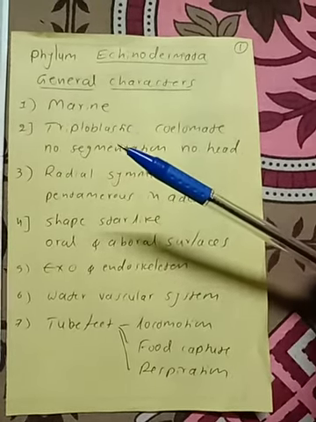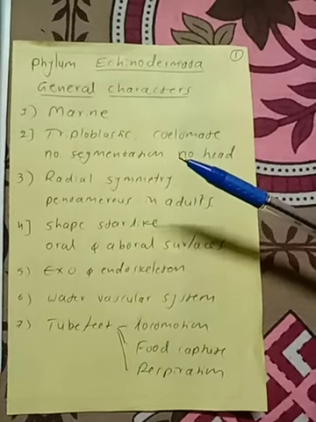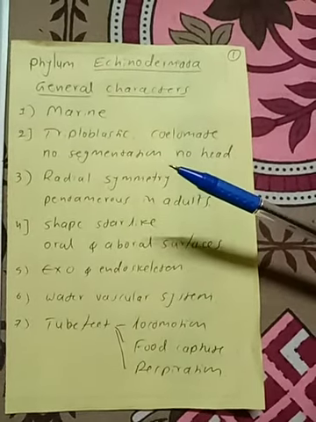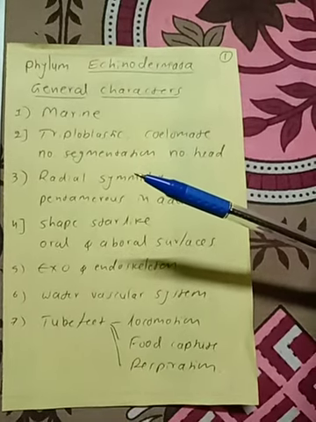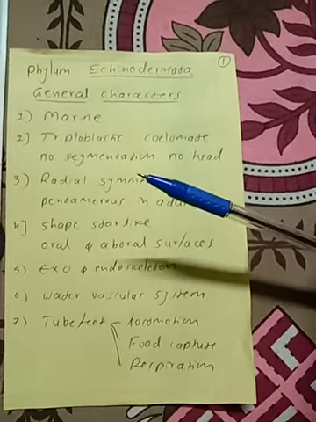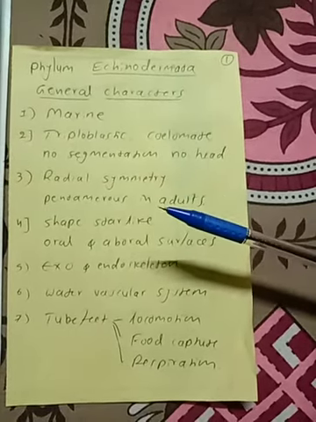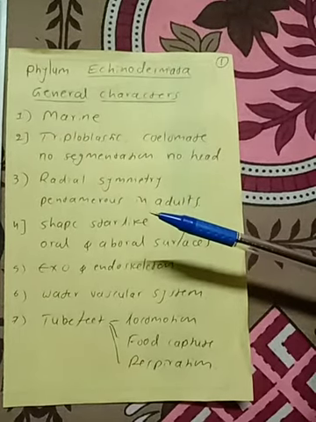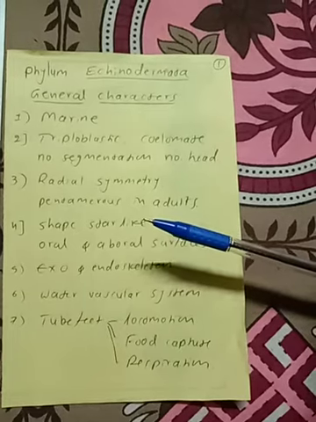These are triploblastic, that is made up of three layers, coelomate, that is presence of a body cavity, and there is no segmentation, and also there is no distinct head. Radially symmetrical animals.